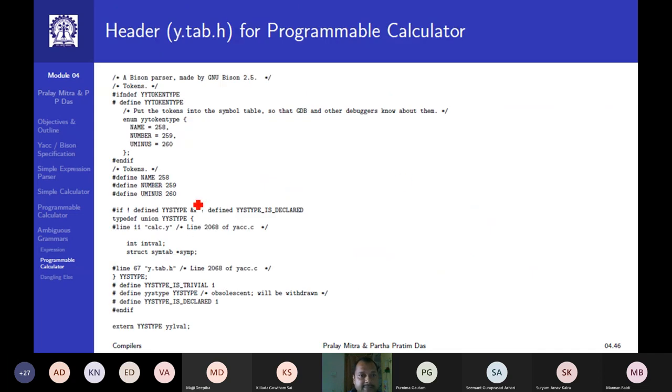Okay. Now as I mentioned that U minus is here in the header file. And you remember that last time we gave name as the serial number 258, number as 259. For U minus, I am giving 260.